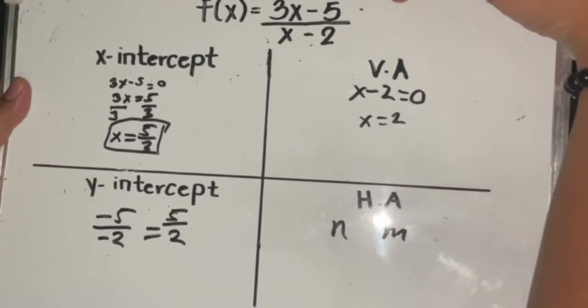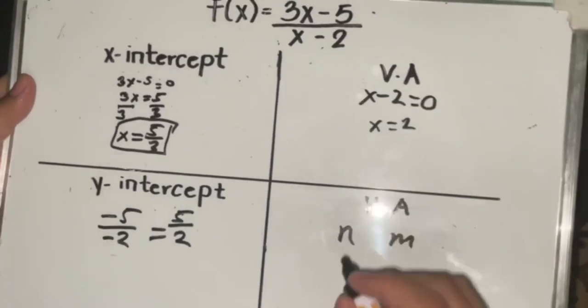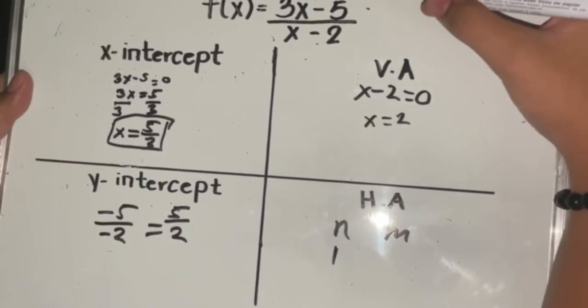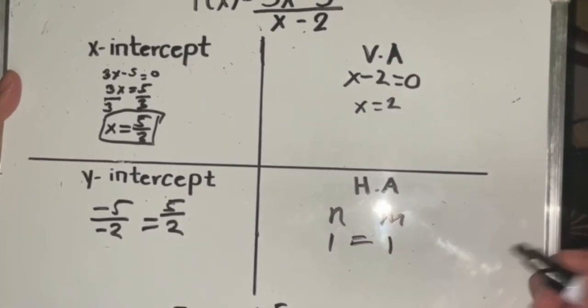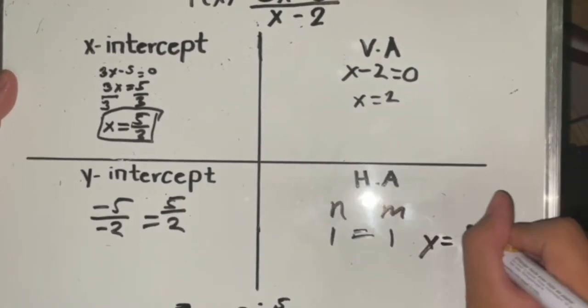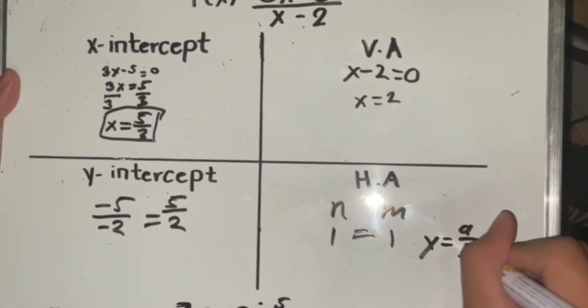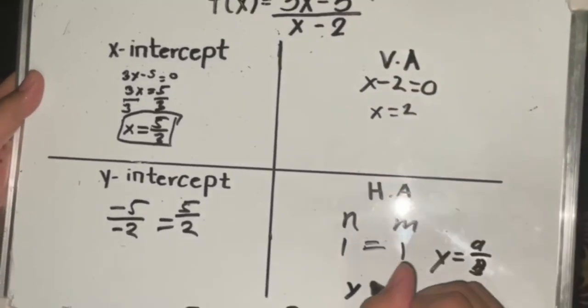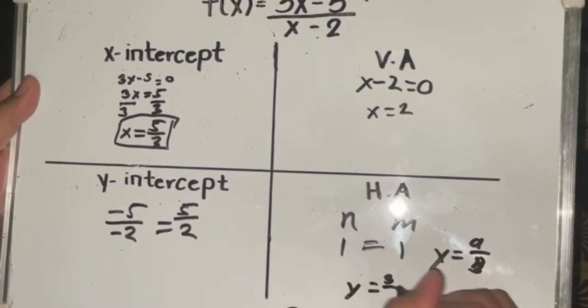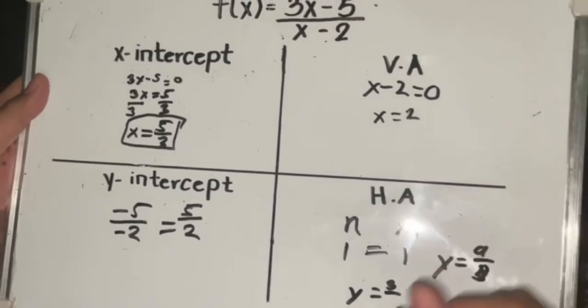The degree of the numerator is 1 and the degree of the denominator is 1, so y equals a over b. So your a is 3 and your b is 1.